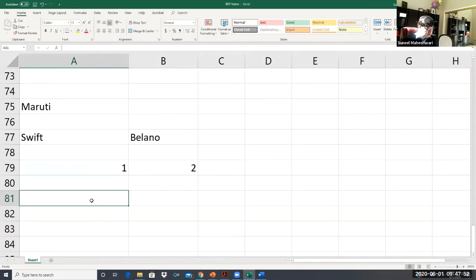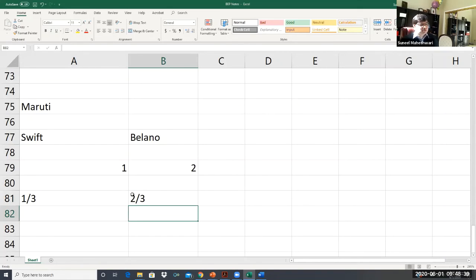So in this case, your sales mix is 1:2. That is, out of every total of 3 cars sold, 1 out of 3 is a Swift and 2 out of 3 is Baleno, right?